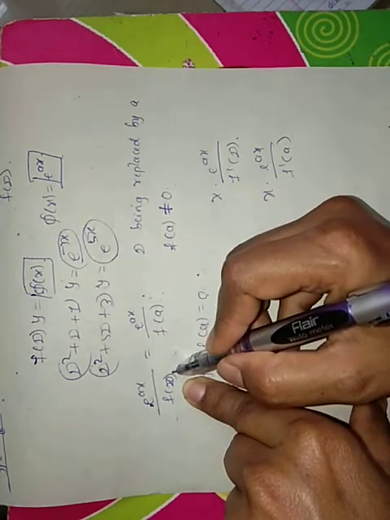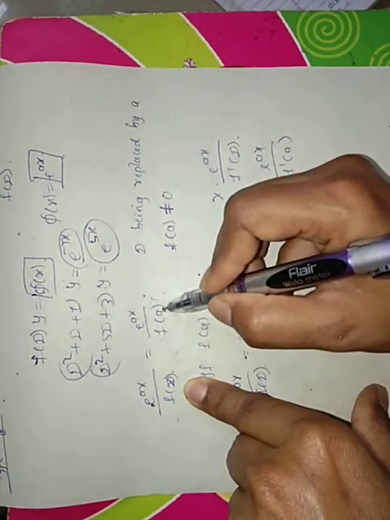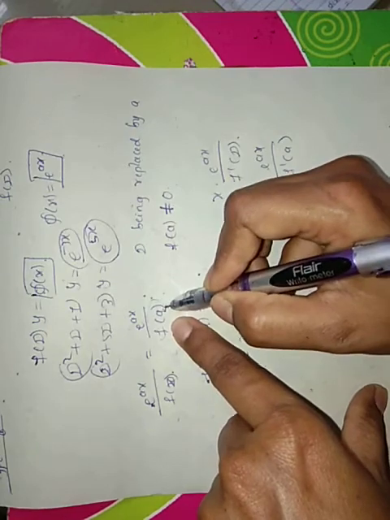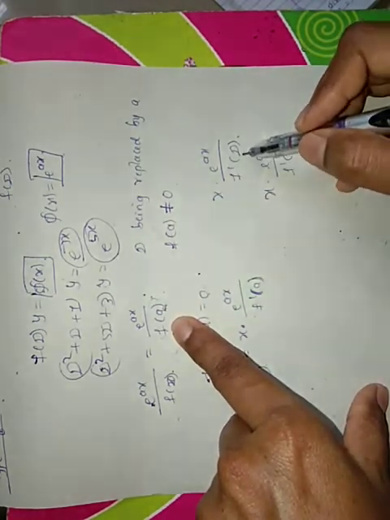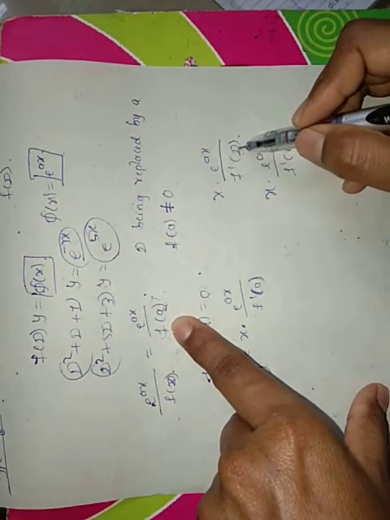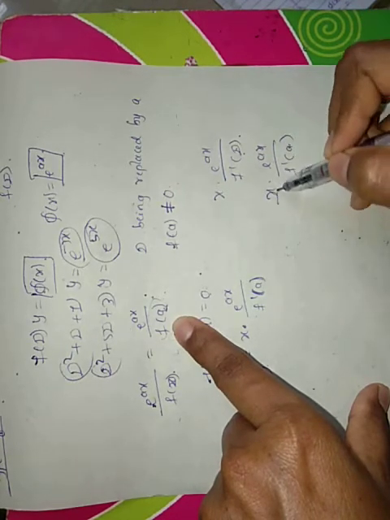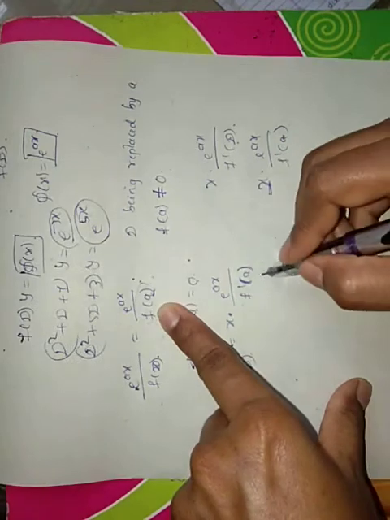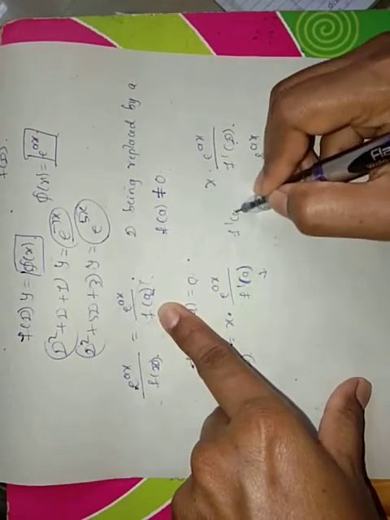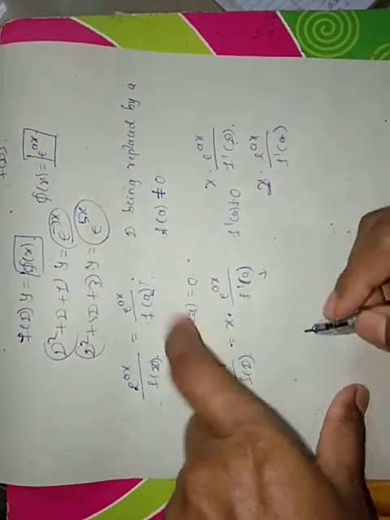Clear? After replacing D by a, if f of a tends to 0, you take the derivative of f of D, replace it by a, and multiply the entire function by x. And here also the condition is that f dash of a is not equal to 0.